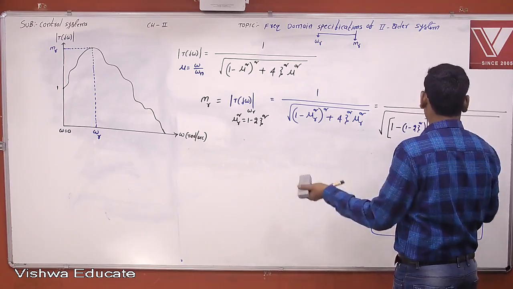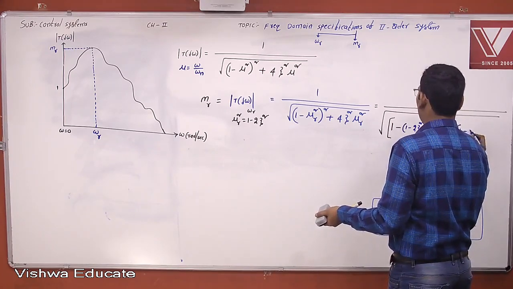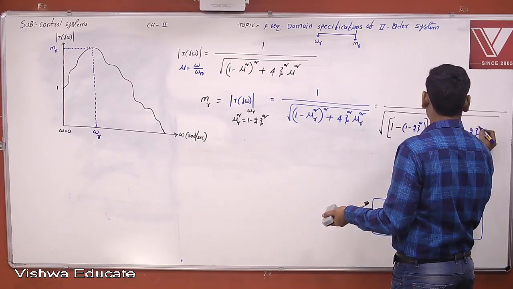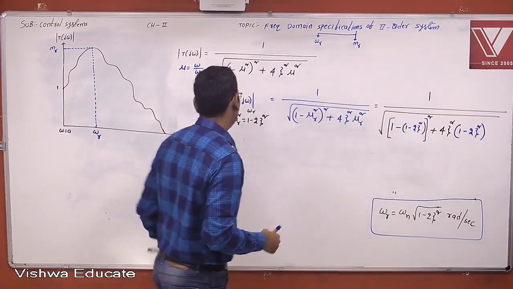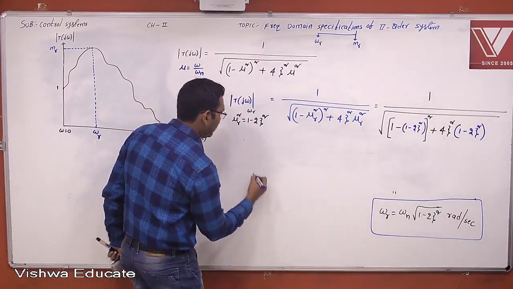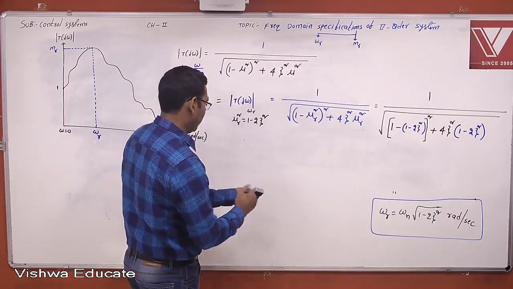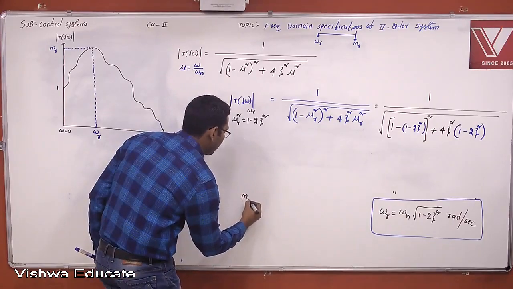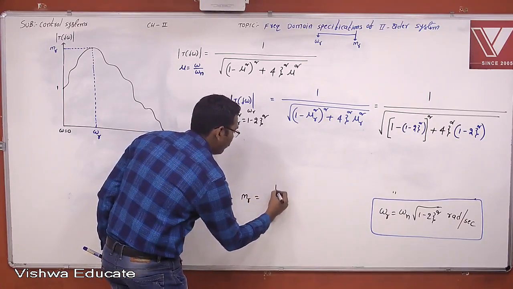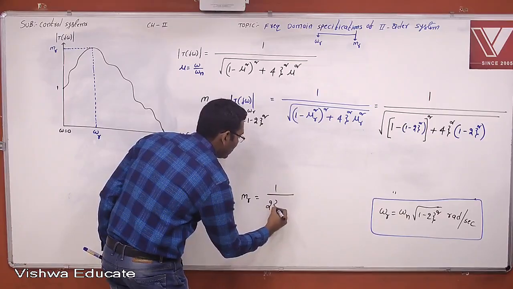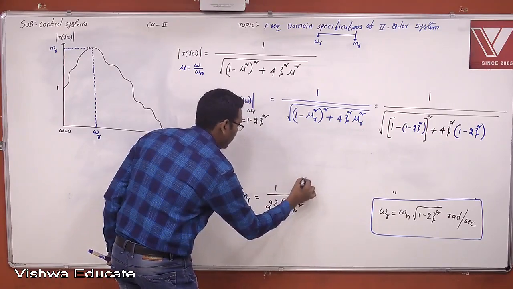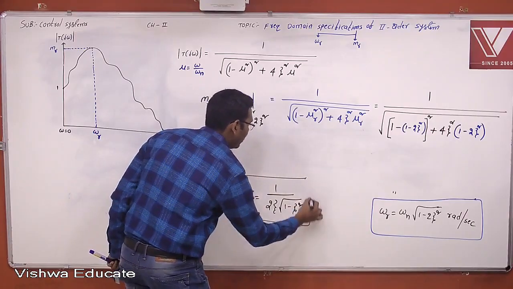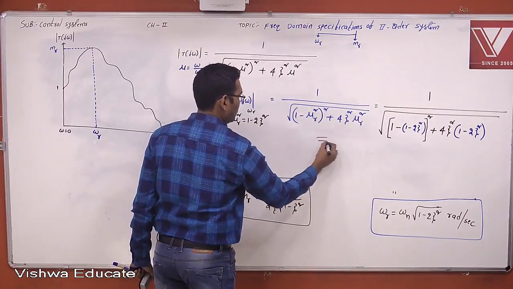What is mu r square? Mu r square is nothing but 1 minus 2 zeta square. So if you simplify this, then you can get the resonant peak M r as 1 by 2 zeta into square root of 1 minus zeta square. This should be the resonant peak after simplification of this equation.